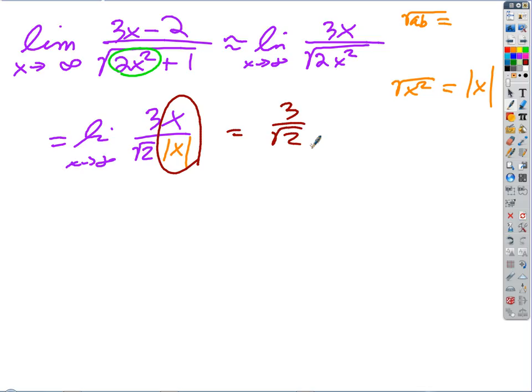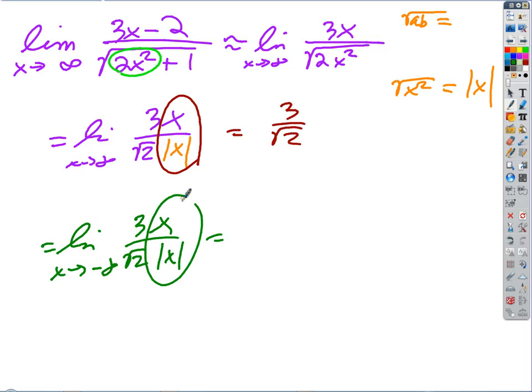If we did the very same limit in the other direction, to the opposite tail, we get the limit of 3x over the square root of 2, as x approaches negative infinity. Now what's that going to be?